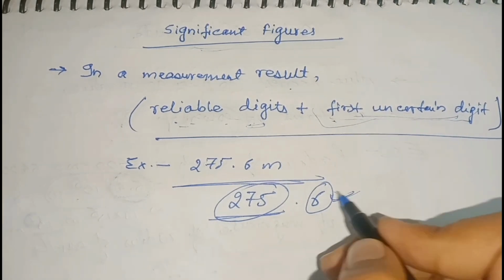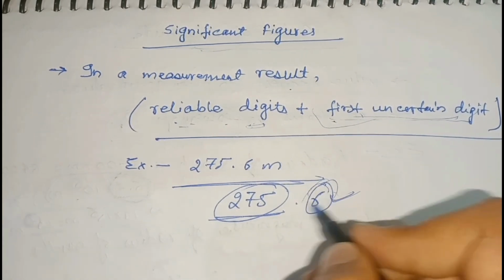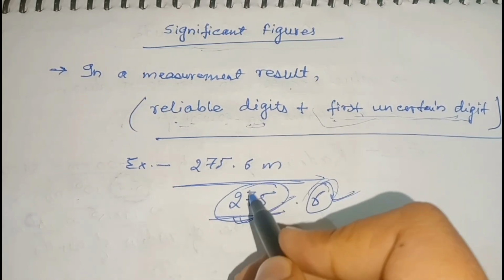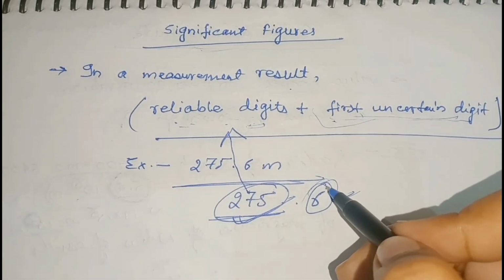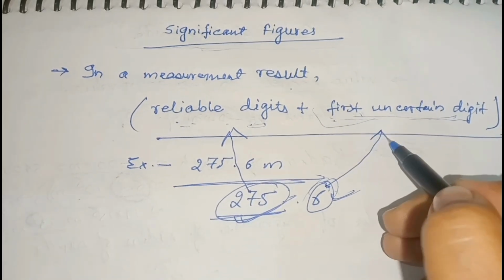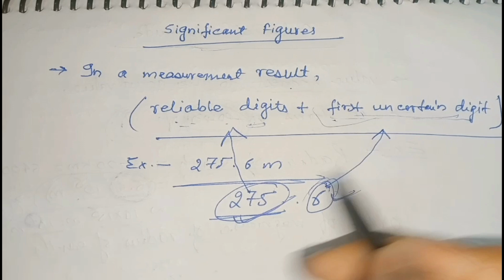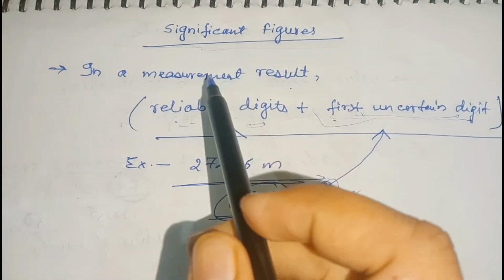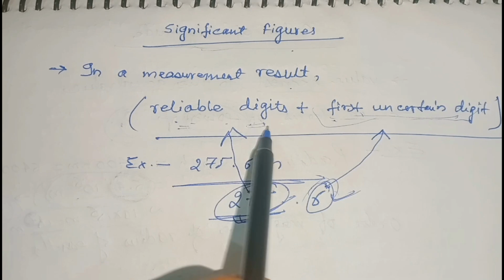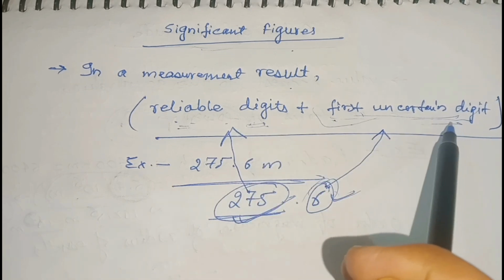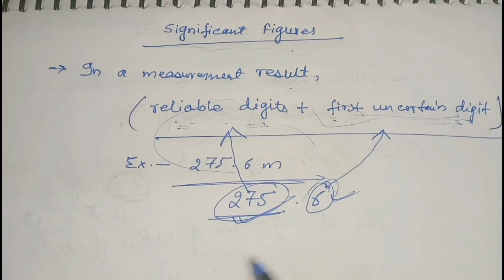It can be somewhat more or somewhat less, but this part is sure. So this comes under the reliable digit category, and this comes under the uncertain digit, the first uncertain digit. The significant figures are the reliable digits plus the first uncertain digit.